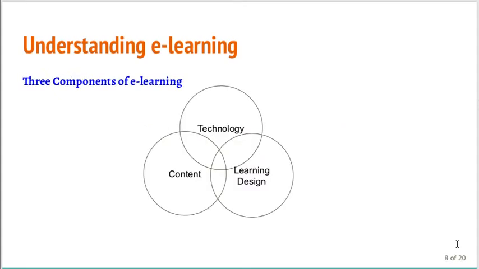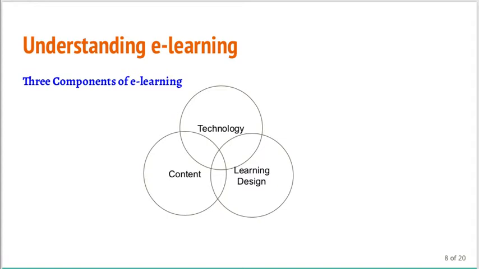To understand e-learning, one should know the components involved in it, which are the stuff of real e-learning. Technology, content, and learning design are the three components. So good e-learning is a combination of technology that works, meaningful content, and effective learning design.